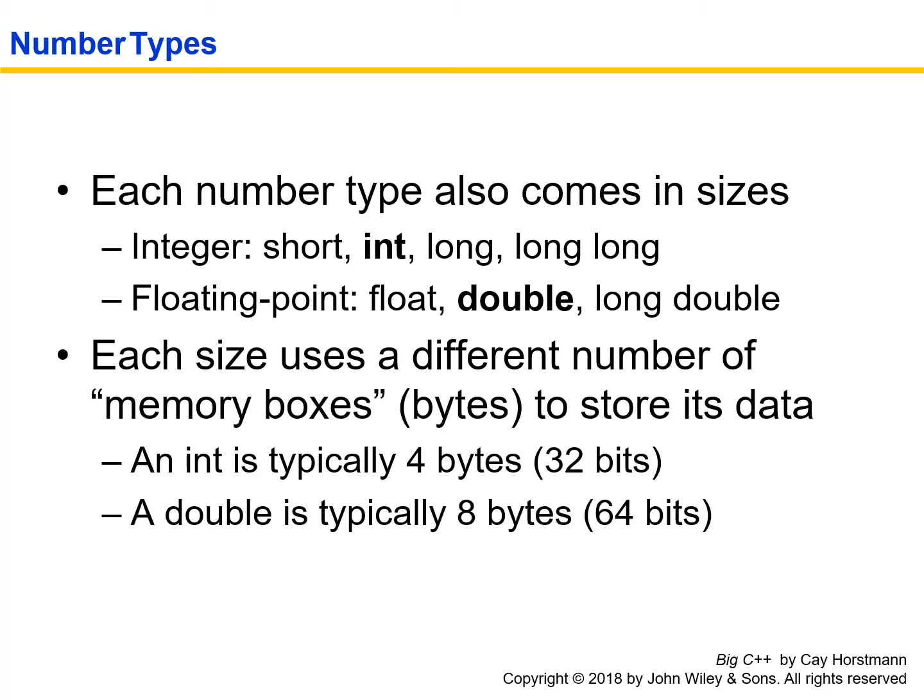There is a double, which is double precision, and then there's long double, which is double that. Today, a double is typically 8 bytes or 64 bits, which is more than enough room to store most floating point numbers of interest and to keep a decent number of significant figures with them.